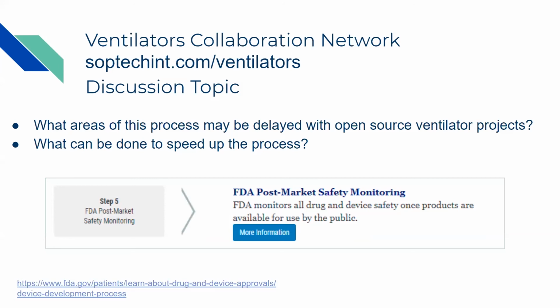So in terms of this post-market safety monitoring and thinking about these open source projects, right? If it's an open source project, presumably other people around the world, if they see that a government agency has already approved it, they'll start manufacturing this and potentially even using it.